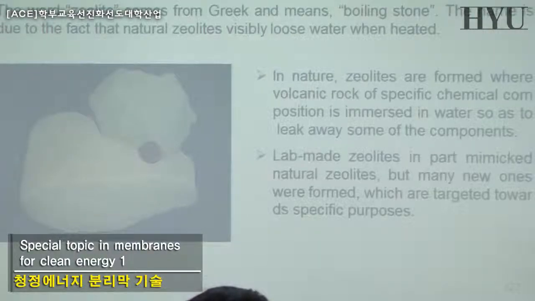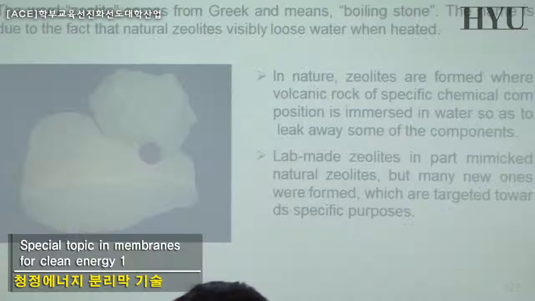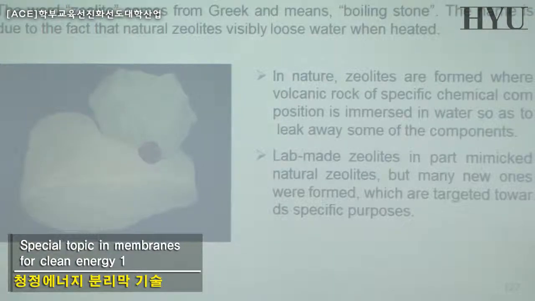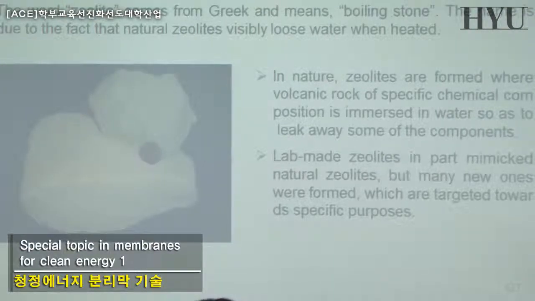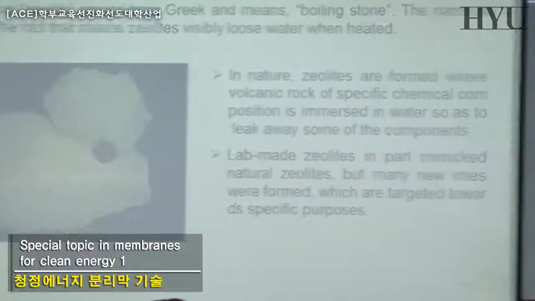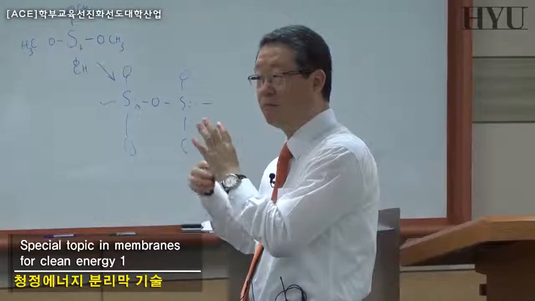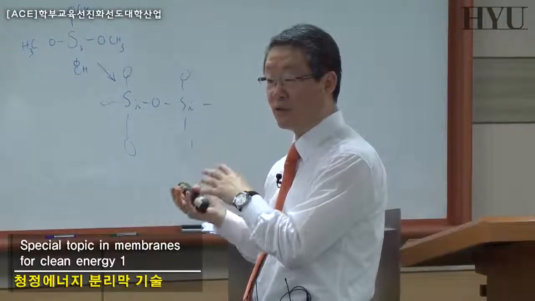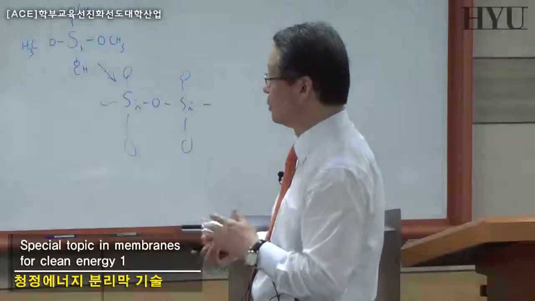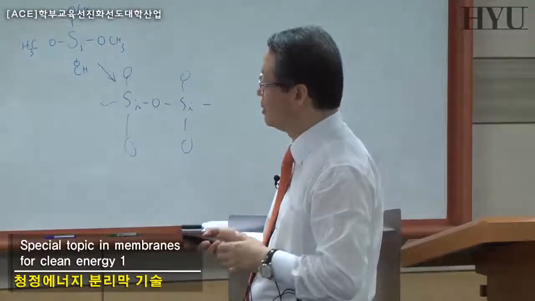But then the membrane community realized that we can use this zeolitic structure, and this zeolitic structure is crystalline. So they have a very fine porous structure because of the crystallinity. A crystalline structure means that you have a very distinct structure rather than randomly oriented amorphous structures, which don't have the order. So you have an order in the zeolite structures.